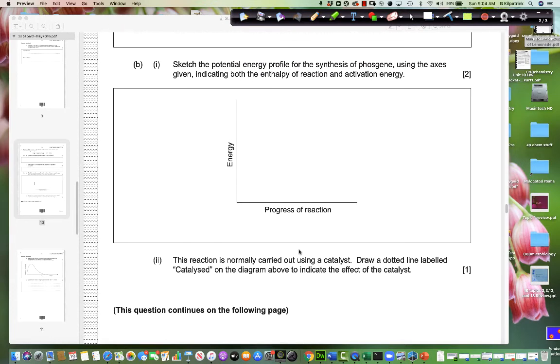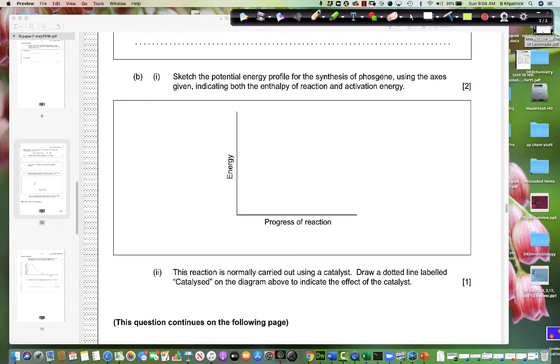Okay, so now it's asking you to draw a new line on this. I should not have erased that. Now you're going to draw a line to represent what happens if your reaction is now catalyzed. So what should end up happening if you put a catalyst in there?